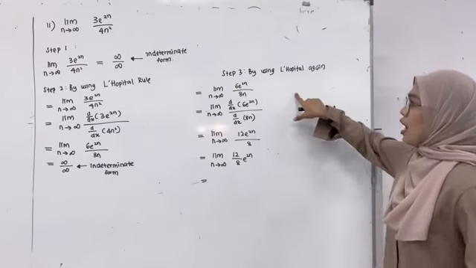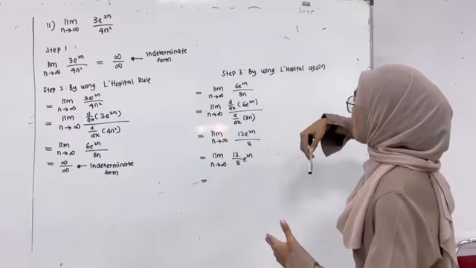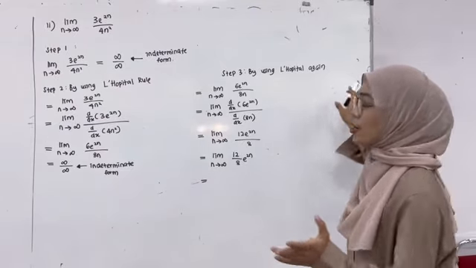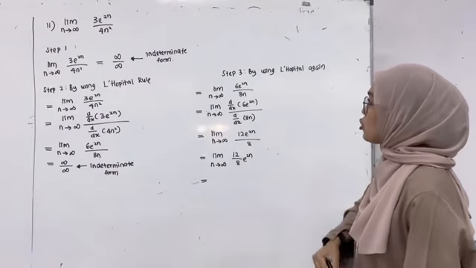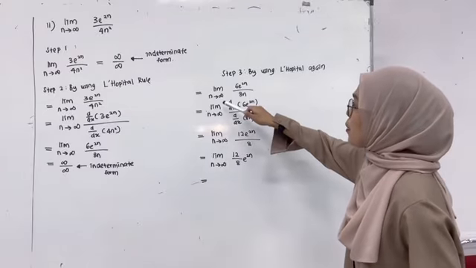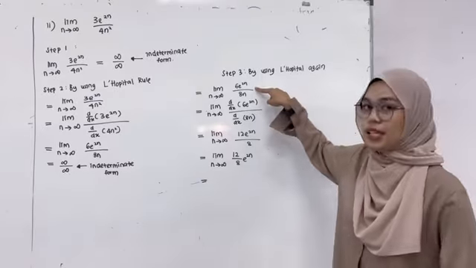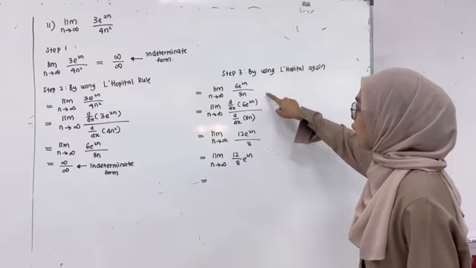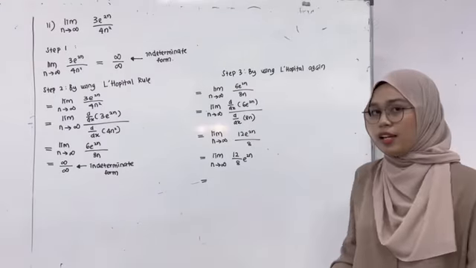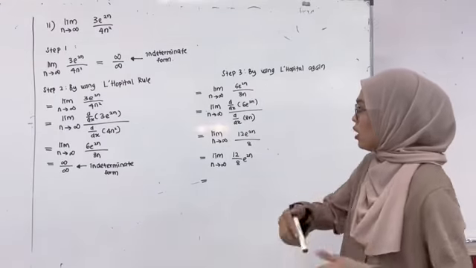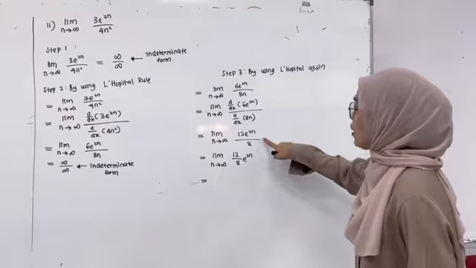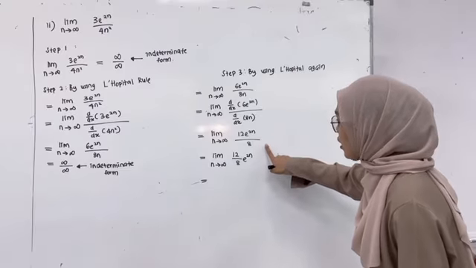So here, I'll show you. I'll use L'Hopital's rule again in step 3. I take the limit as n approaches infinity of 6e^(2n) over 8n, and again we differentiate upper and lower. Then you will get 12e^(2n) over 8.